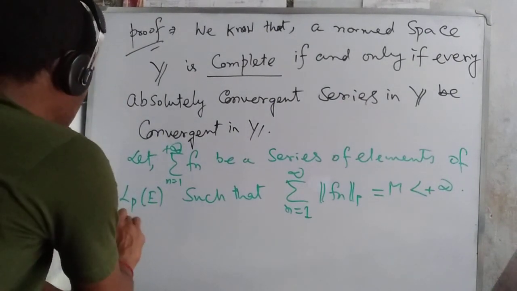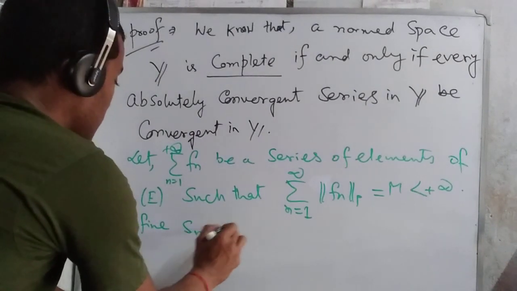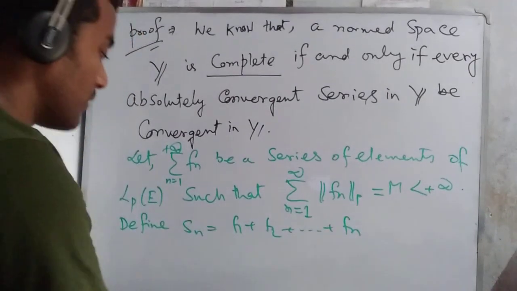Then we define S_n equal to f_1 plus f_2 plus dot dot dot plus f_n, the nth partial sum.